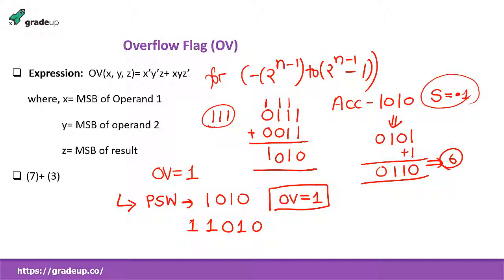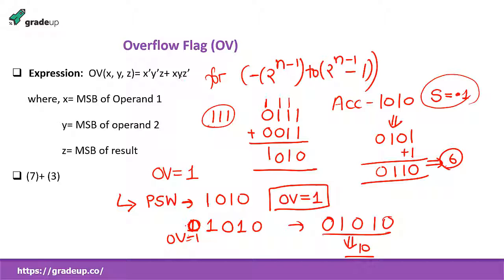Then it will take one extra bit, which is the overflow flag. How is it going to read the data? 1010 is the accumulator data, and because of positive overflow it will take one more bit extra, and now this data will be read as 10. In this manner you are going to get your output.